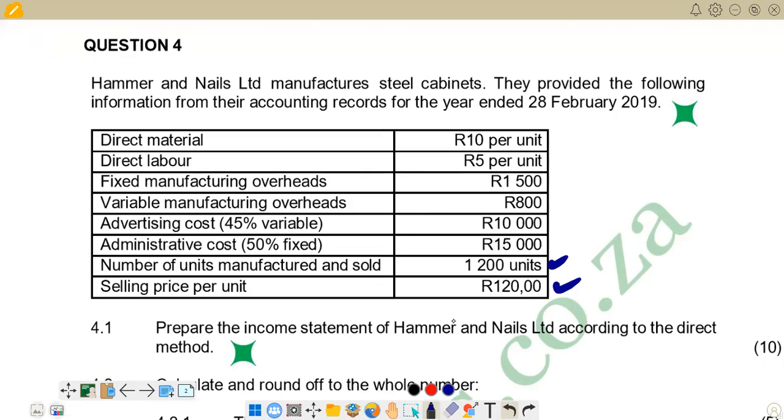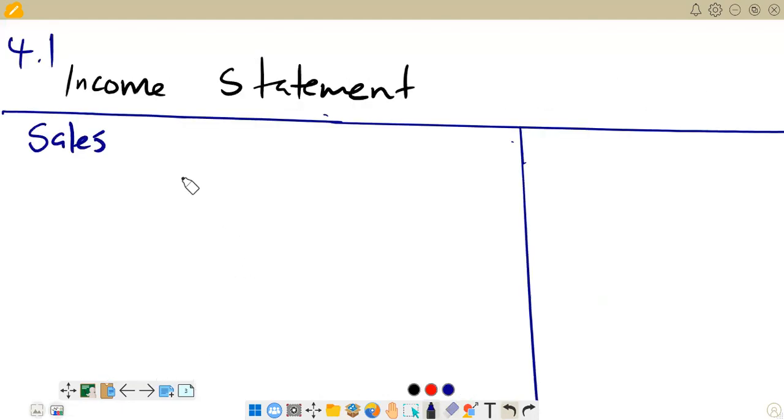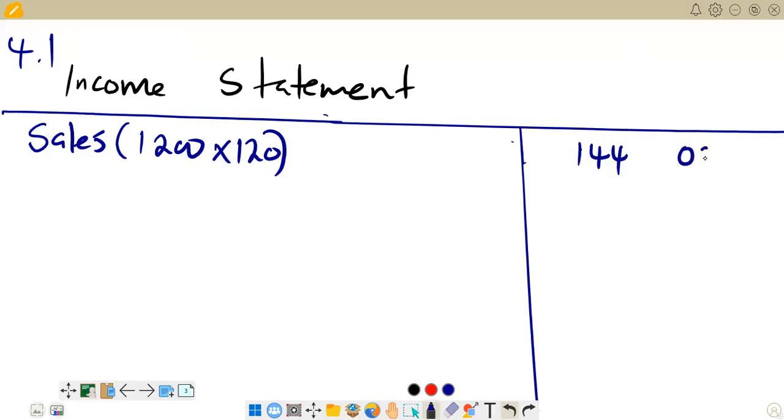So we are multiplying 1,200 times 120. If you multiply those two, you get 144,000. That's the value of the sales that we have.